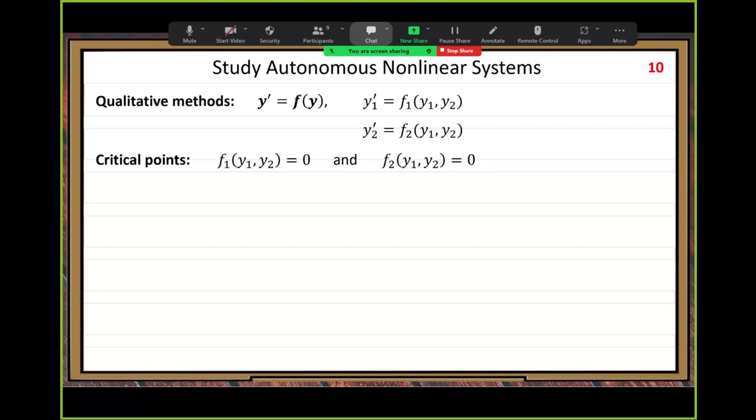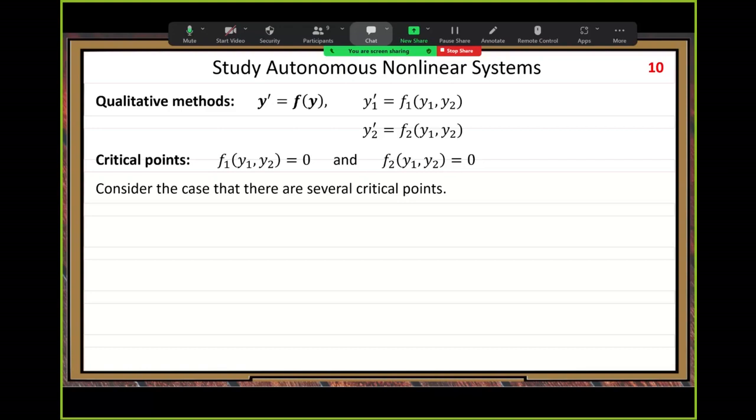That's the definition of critical points. If you can solve these two equations for certain special values y1, y2, then you can get all the critical points.